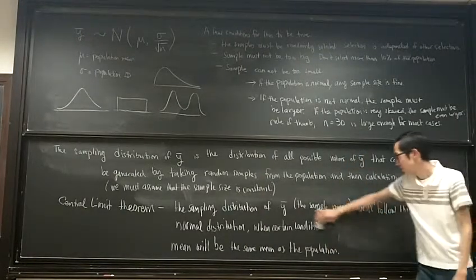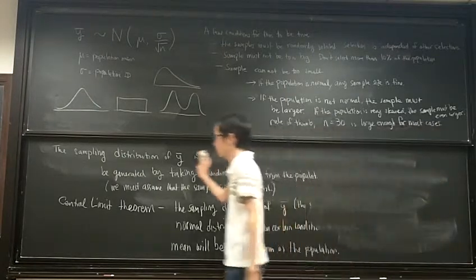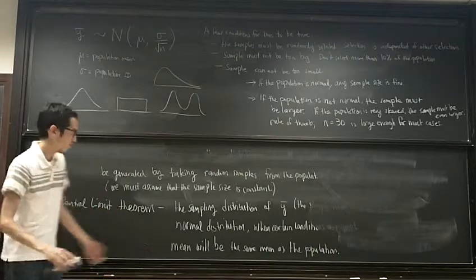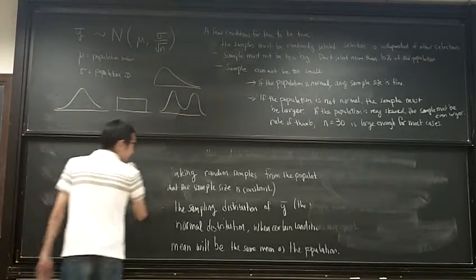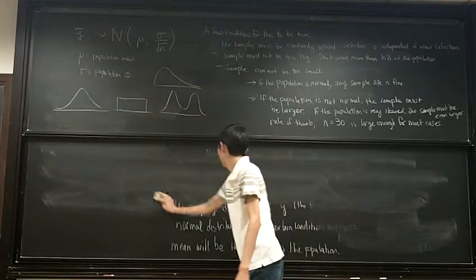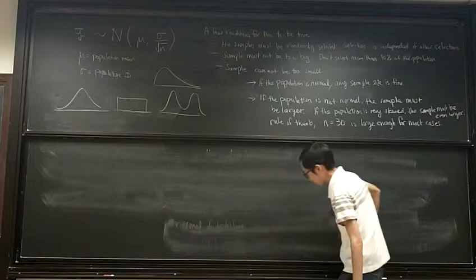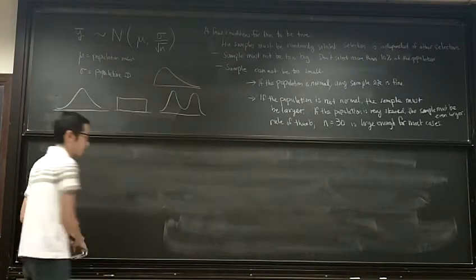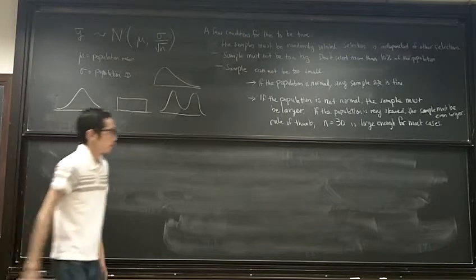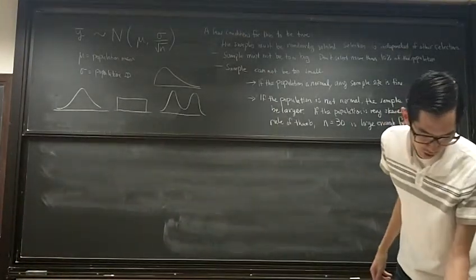Putting people who make millions of dollars on the same scale as someone who makes 10,000 is going to be very extreme. So that's sampling distributions.